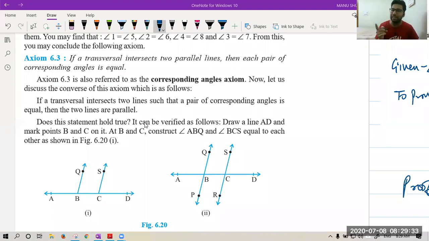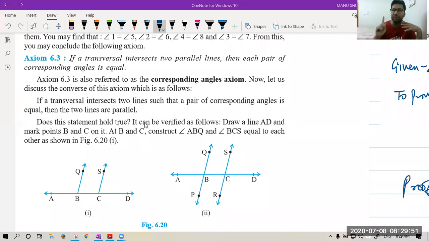This is an axiom. I told you an axiom is a general statement, an assumption or accepted universal truth. So you can use this line without any proof. You can use it as it is.